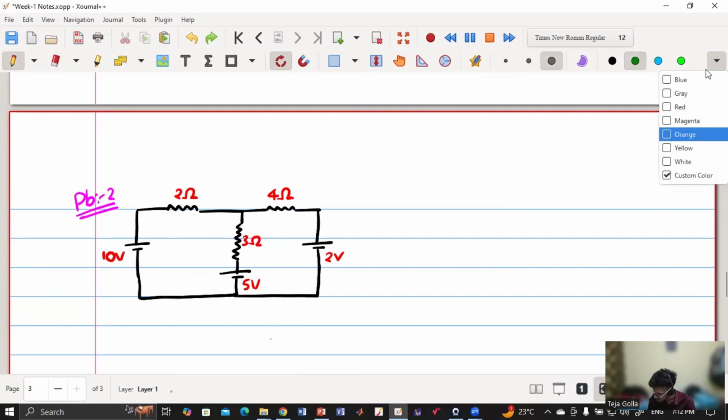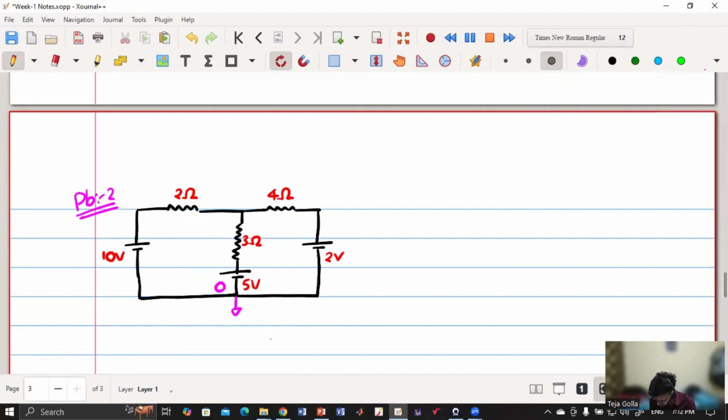So say if this is grounded, say O, only this is there, A. Agree? So now how to proceed?